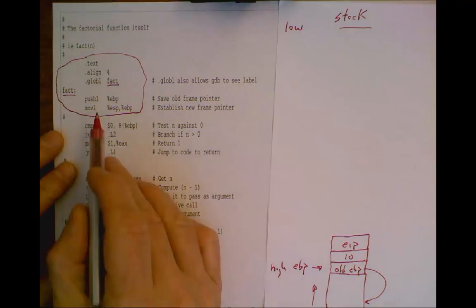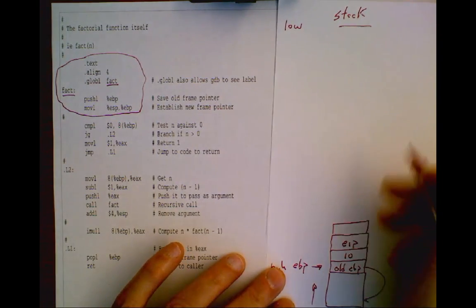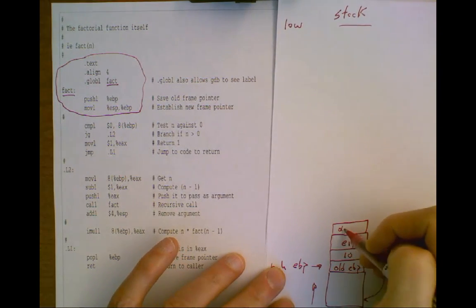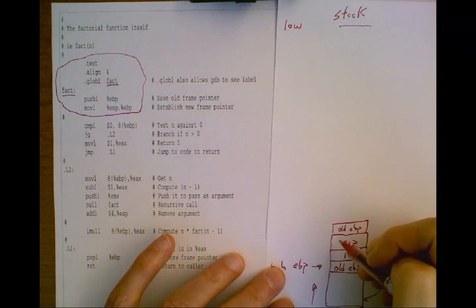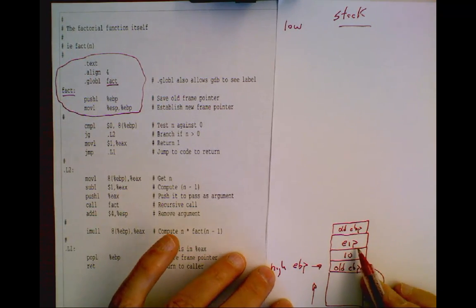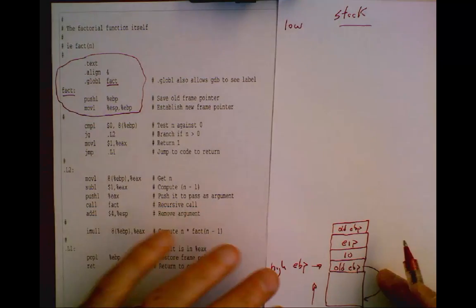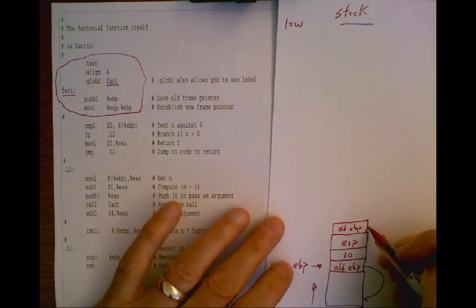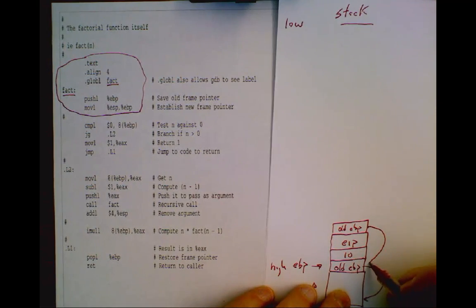So when factorial is entered, it's going to push the EBP. So this is the old EBP. I should have written, well, I won't change, but this is the return address. It's the old EIP once we're up and running inside of factorial. The old EBP, however, that I just pushed here is going to point down here, right?